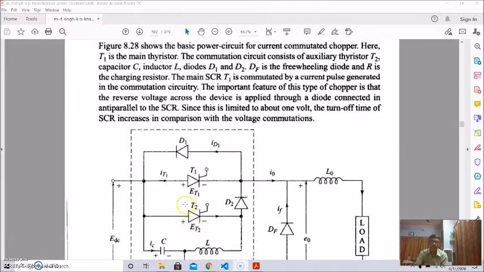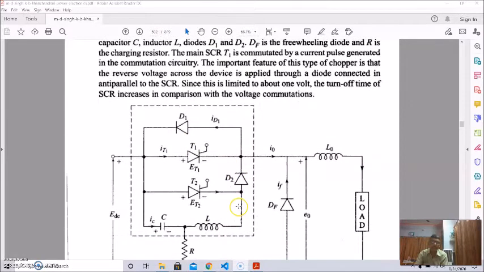Here thyristor T1 is the main thyristor, and the commutating circuit consists of thyristor T2, a capacitor C, an inductor L, and diodes D1 and D2. DF is the freewheeling diode, and R is the charging resistor.